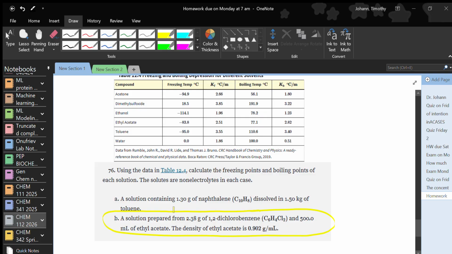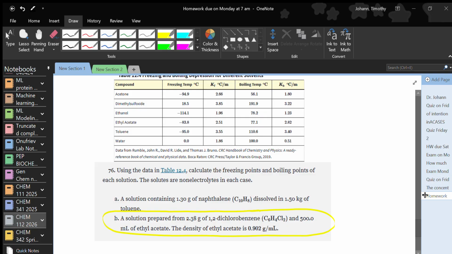For the solution, we need to get the freezing point for 2.38 grams of dichlorobenzene in 500 milliliters of ethyl acetate. And then it gave me the density for ethyl acetate.